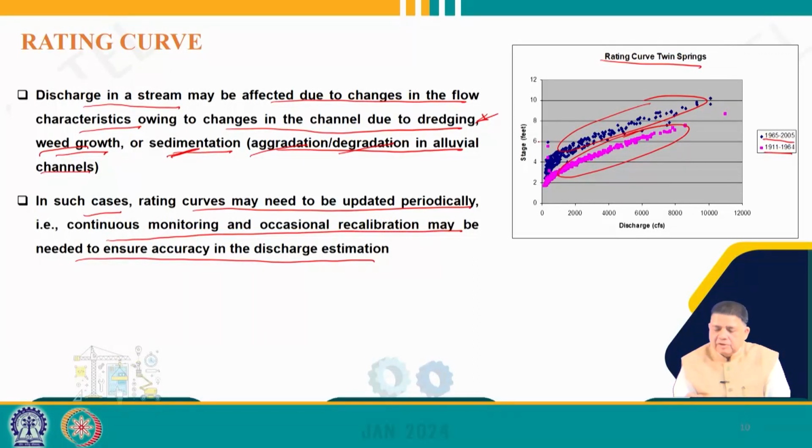So, for example, if stage is 6 and you are using the old rating curve, then your flow will be very close to 6000 cubic feet per second, wherein if you are using the new one, then your flow will be only 3000. So obviously, as you can see, there is a 100% change in the stream flow because of the change in the characteristics of the rating curve. So that is why it is important that we continuously monitor the developed rating curve, and we keep on recalibrating that in order to see that stream cross section remains true.